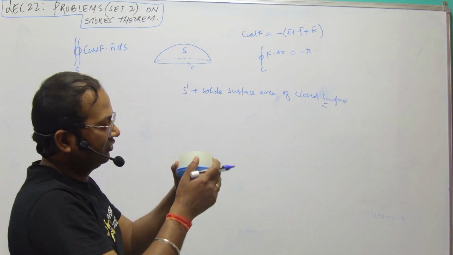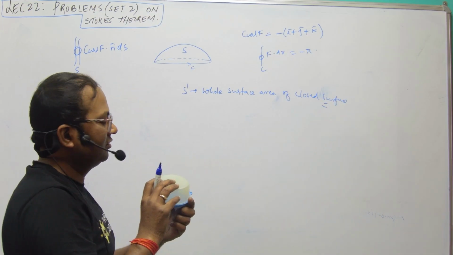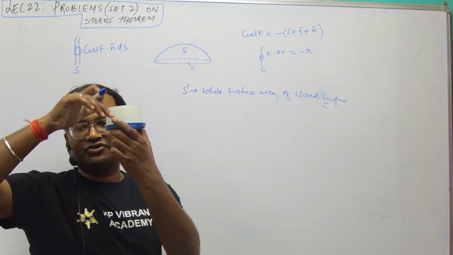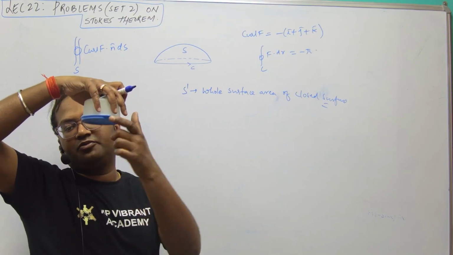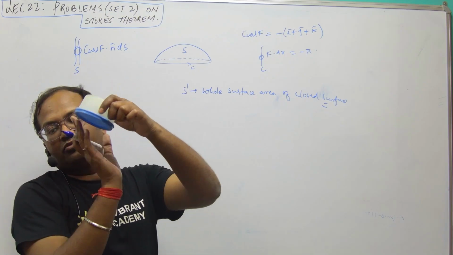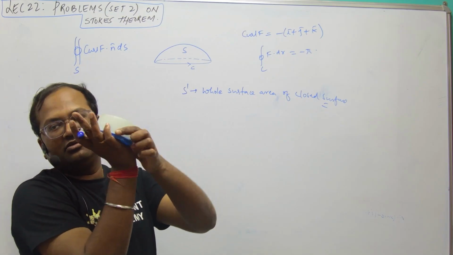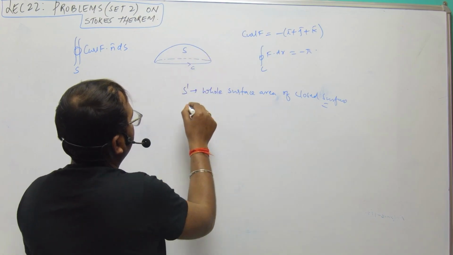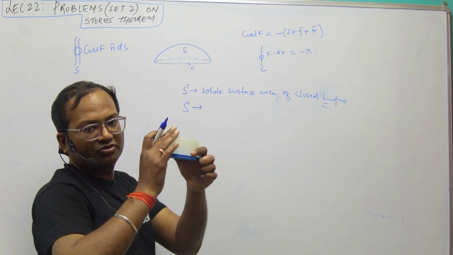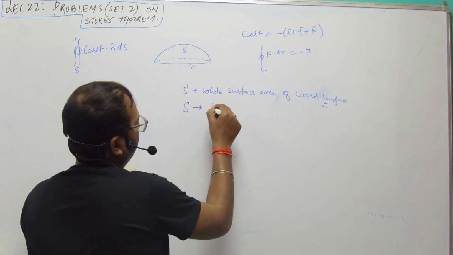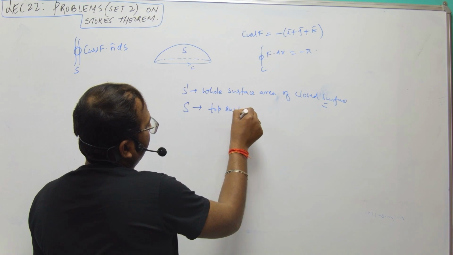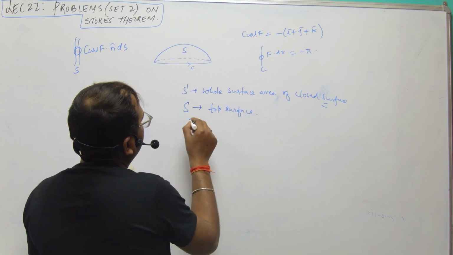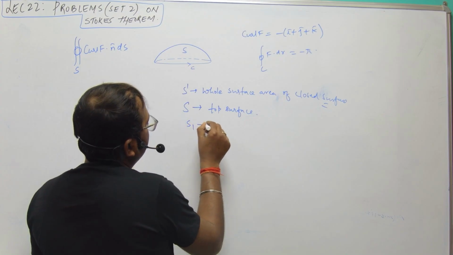This white portion, and there is a blue portion. The blue portion is the planar area. So S is this topmost surface, the top surface, and S1 is the bottom surface.